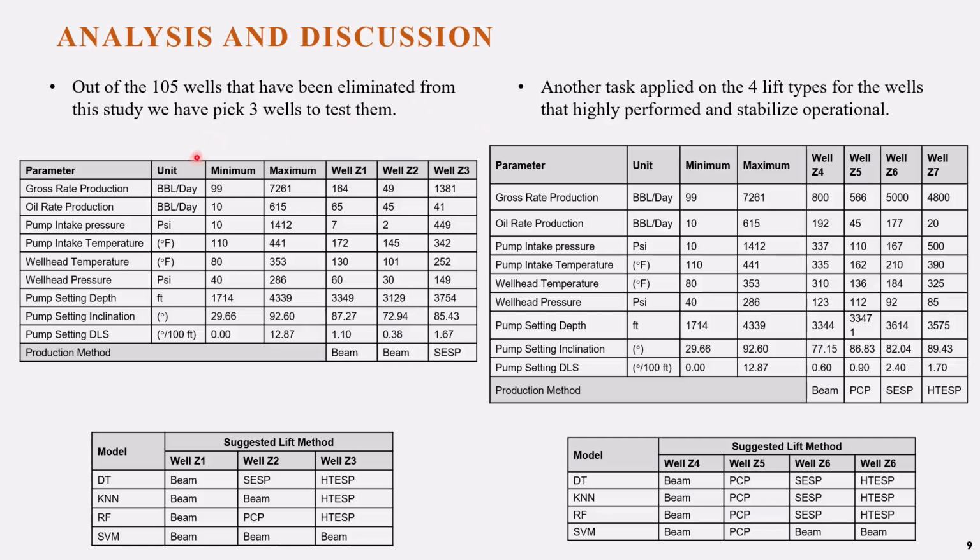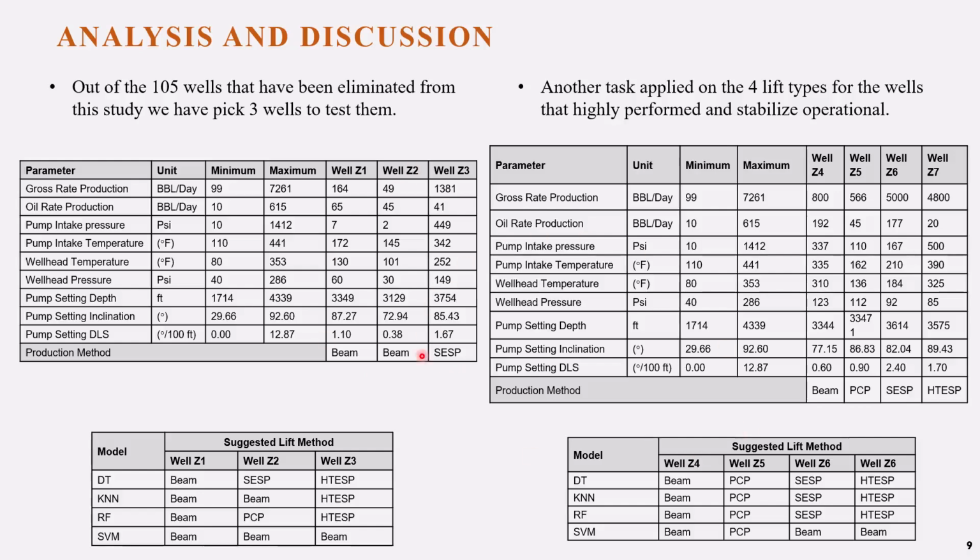From those 105 wells eliminated from the study, we picked 3 wells. Those 3 wells, which we call Z1, Z2 and Z3 with those parameters, currently produce with beam lift and standard ESP.